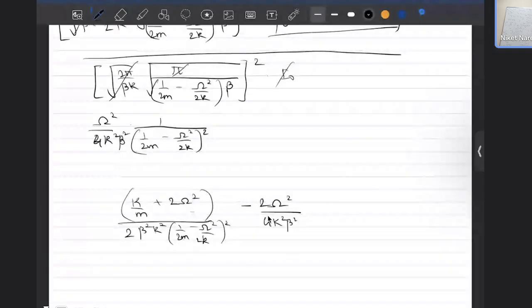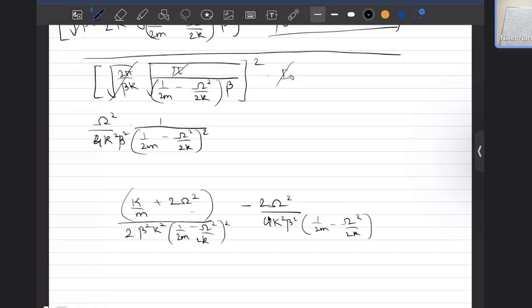There is a 2 here also. Yes. Into divided by 1 by 2m minus omega square by 2 kappa, the whole square.